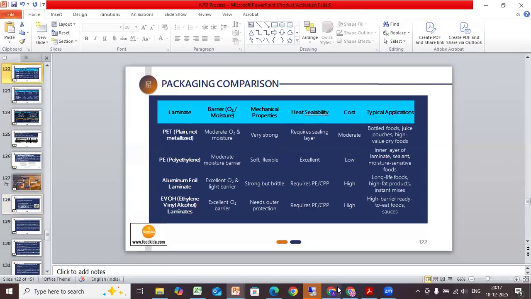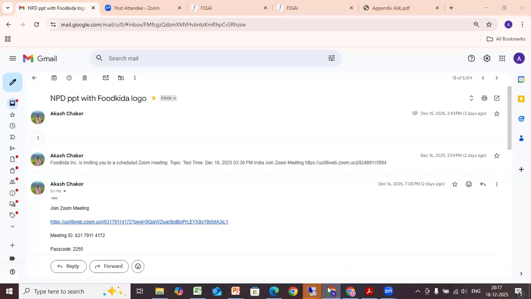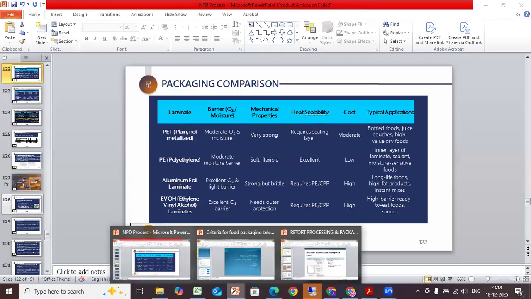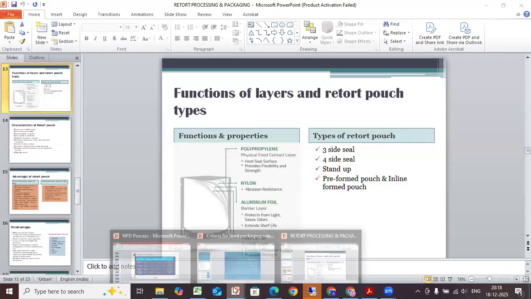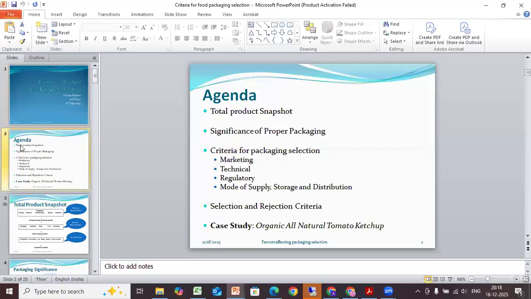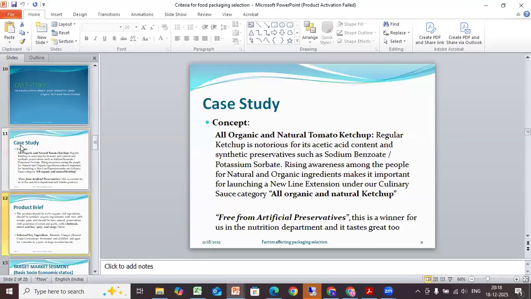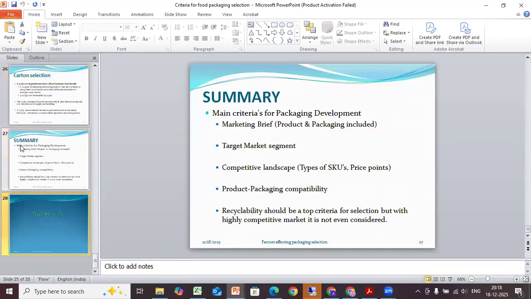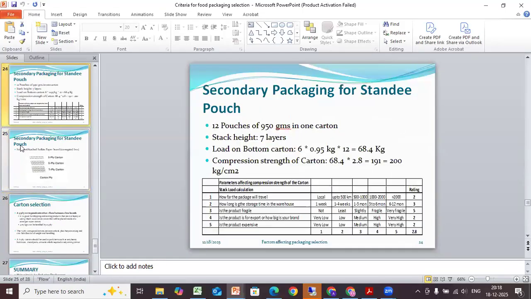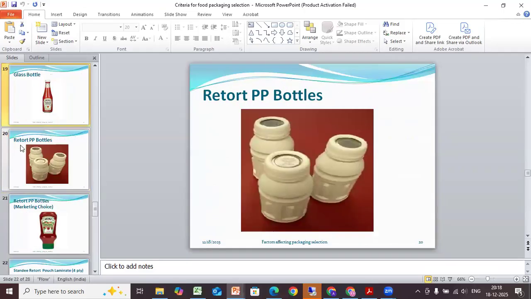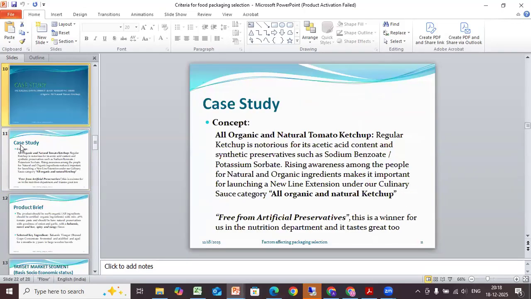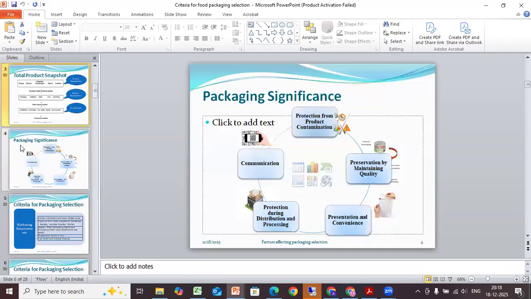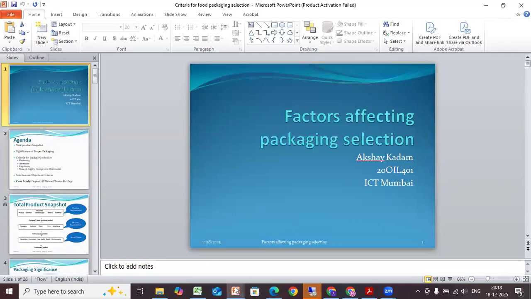Just hold on. Hare Krishna. Just hold on. I'm just getting that sheet. There it is gone. Where is that slide? Hold on a bit.